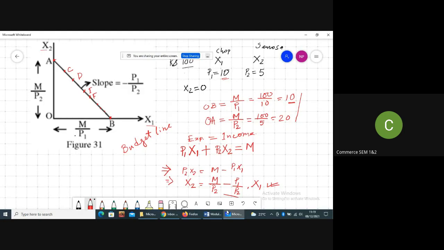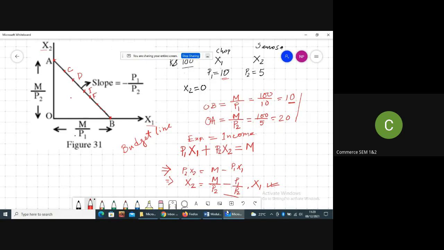So you are spending your full income. You are not saving anything for the next day. There is no tomorrow. We are assuming whatever income you have, you will spend your entire income today only.